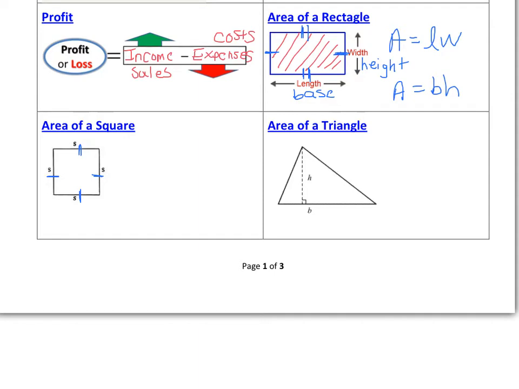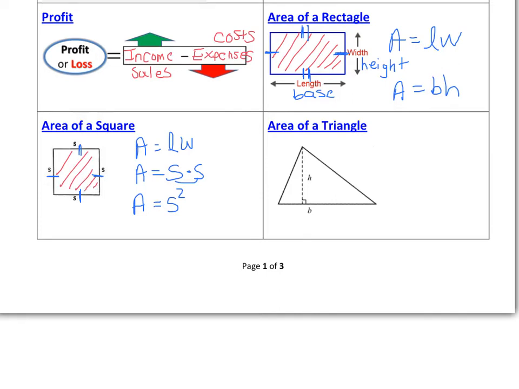So if we write down the area equals the length times the width, and in this case I've labeled the length of all 4 sides to be s, then we would have s times s, and we could simplify that a little bit using an exponent. S times s would be s squared. So that's where the phrase square comes from, is actually from the area inside of a square.